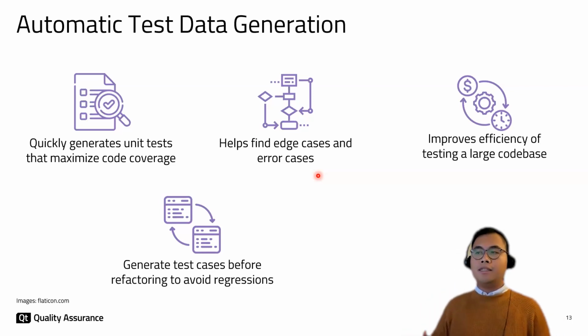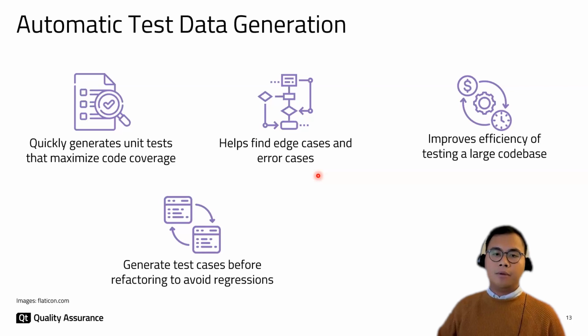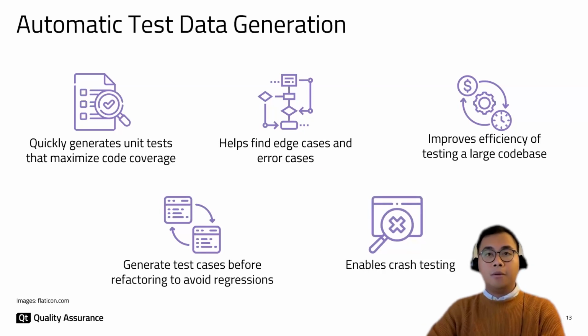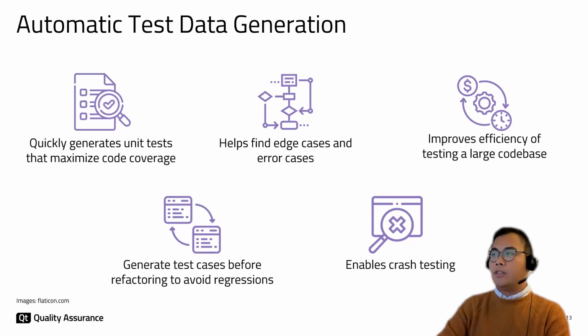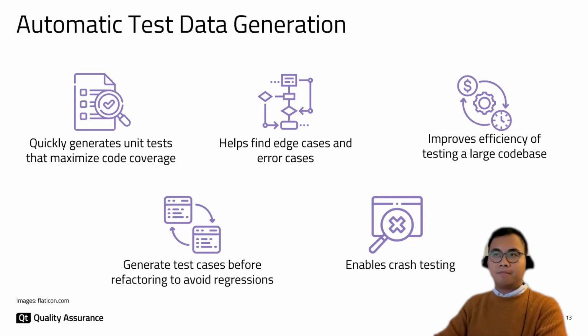Then you can execute these test cases continuously during and after the refactoring process to help you find and fix possible regressions. And finally, we also saw that it enables crash testing. This is one of the goals of testing: to identify situations where the program or the system crashes, and Coco Test Engine is also able to handle those.